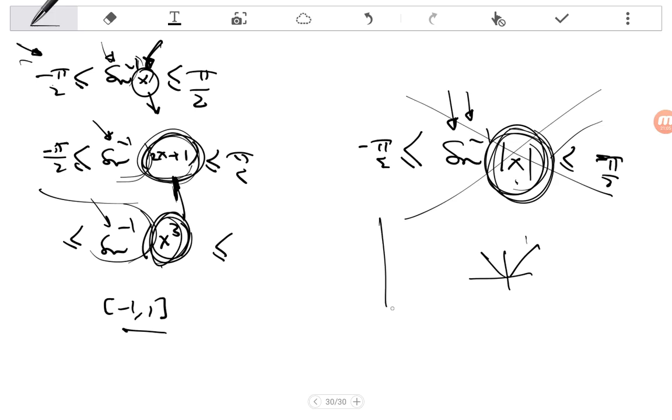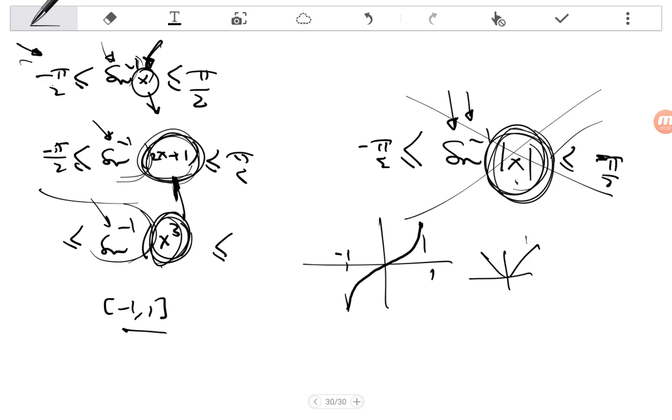If we graph the sine inverse function we have learned, it is like this. You need to review the sketches of the standard functions that we have learned.